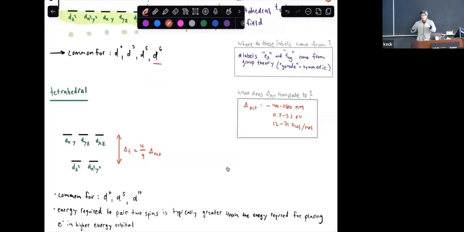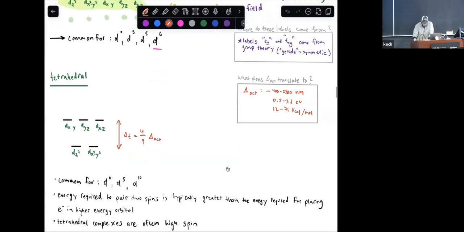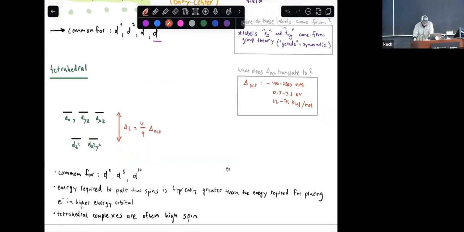And then we can apply this analysis to all the different geometries that we have encountered, the ones that are most commonly encountered in this class, as we said, are octahedral, tetrahedral, square planar, and to a lesser extent, things like trigonal planar or trigonal bipyramidal. So here's the resulting orbital diagram that results from a tetrahedral crystal field.